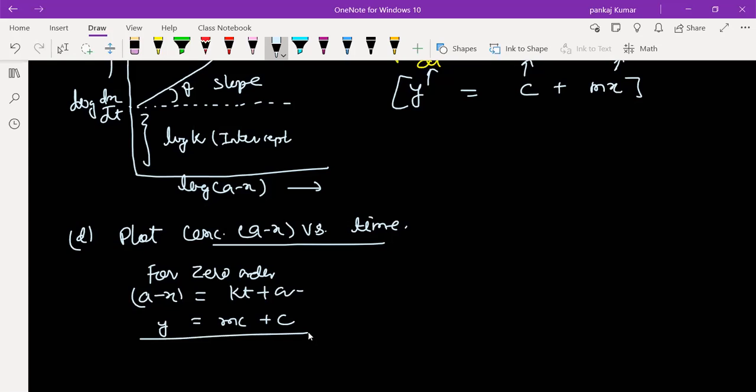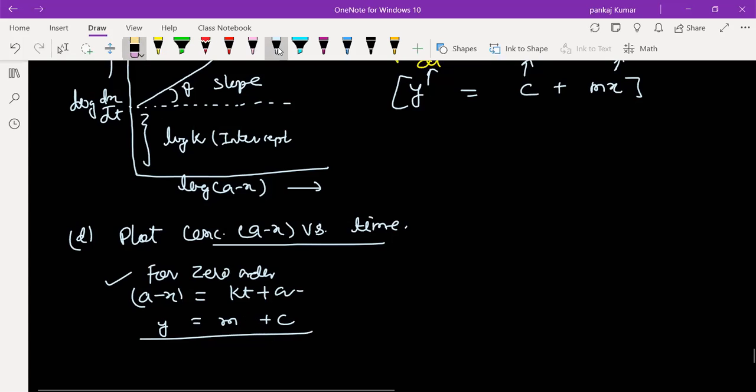We can compare it. Now we can plot the graph, isn't it? So here the graph will be in concentration, mx plus c.